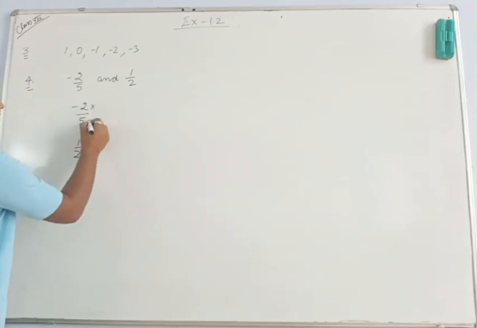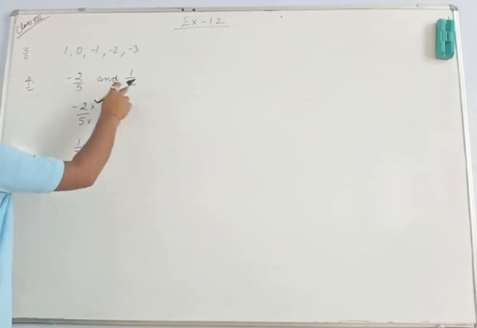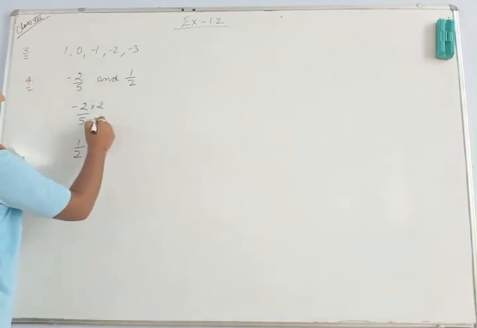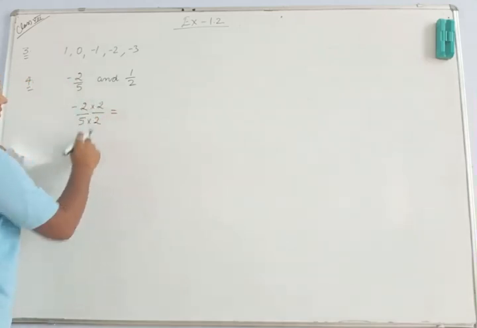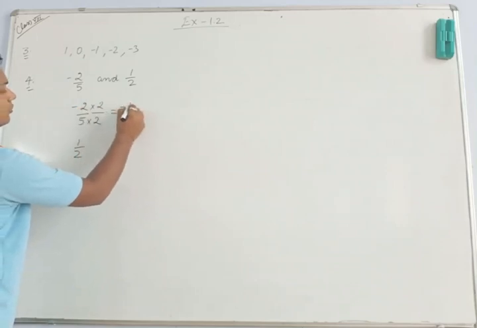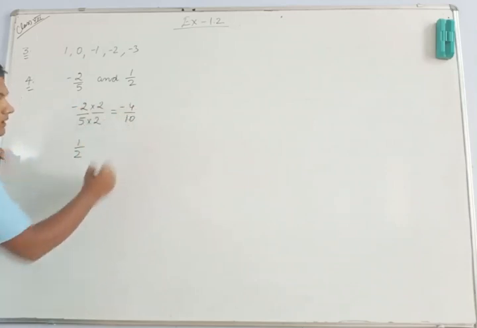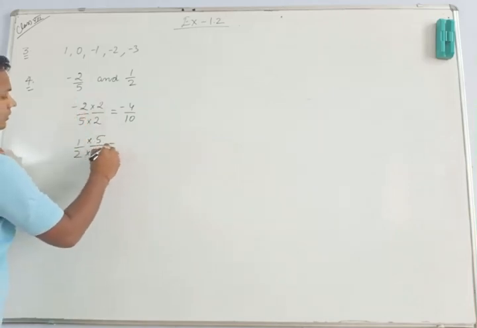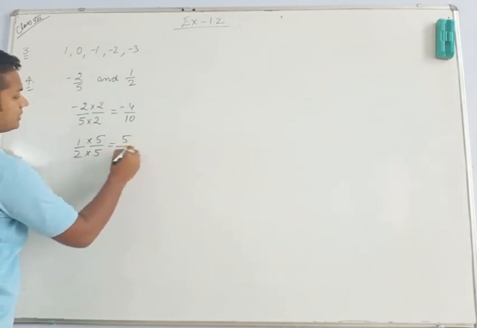To equate the denominators, I will multiply the first number by 2 in the numerator and denominator. 2 twos are 4, minus 4 upon 10 it will become. Now here I will multiply with 5. So 5 upon 5. 5 ones are 5 and 2 fives are 10.